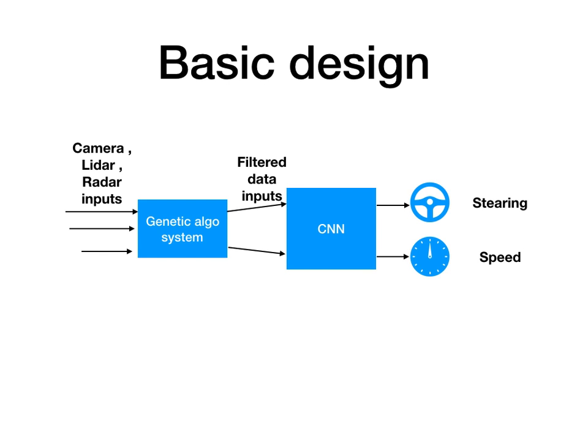In this self-driving car architecture, I have taken three main types of sensors: camera, lidar, and radar. In the computer software, I have the genetic algorithm, convolutional neural network, and a decision making system for the control of steering and speed.